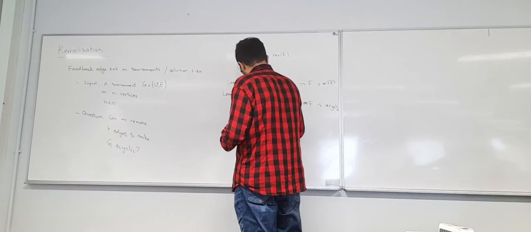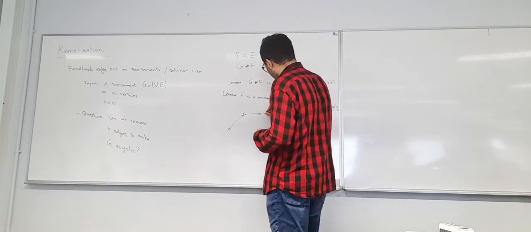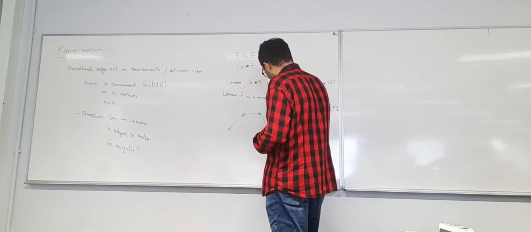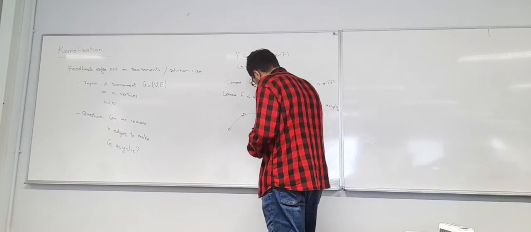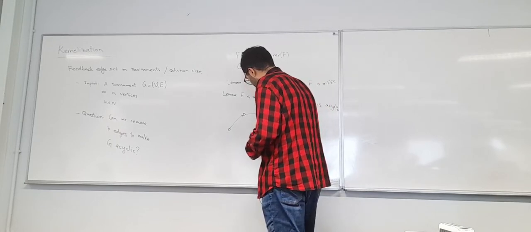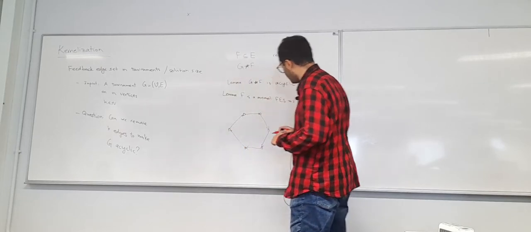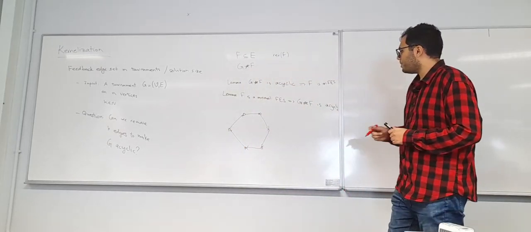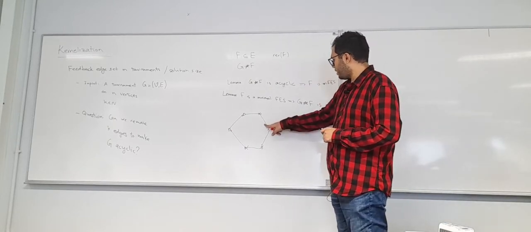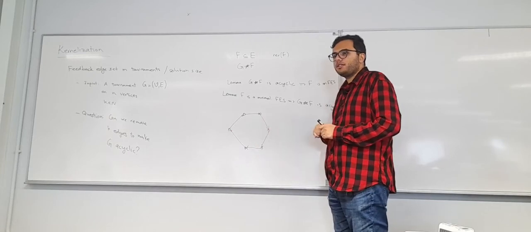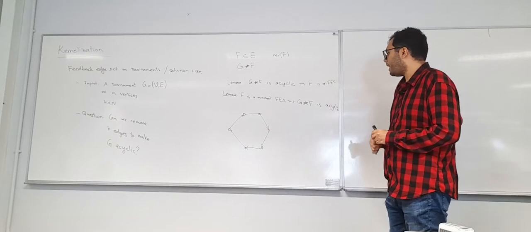And by the way, these are all oriented edges, so they have directions. So I might have this edge, for example, and then some other edge, and then maybe again another edge. Okay, so I'm showing the edges that are in the reverse of F in red and all the other edges in black. Okay, so let's say I have a cycle like this.